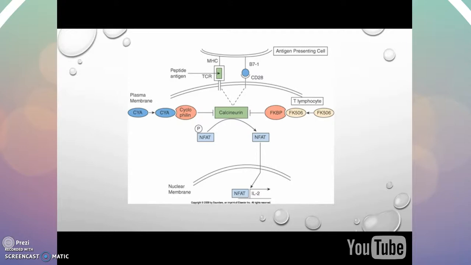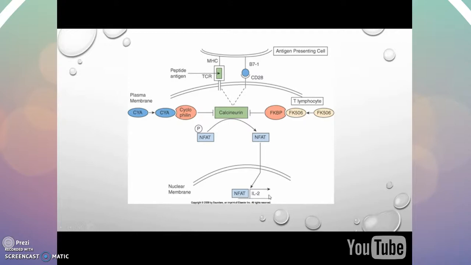The way in which these drugs work is twofold. For FK506 or tacrolimus, it binds onto FK binding protein, and for cyclosporine A, it binds onto cyclophilin. Both cyclophilin and FK binding protein inhibit calcineurin. By inhibiting calcineurin, it can no longer dephosphorylate NFAT, and therefore NFAT cannot translocate into the nucleus and lead to expression of IL-2.